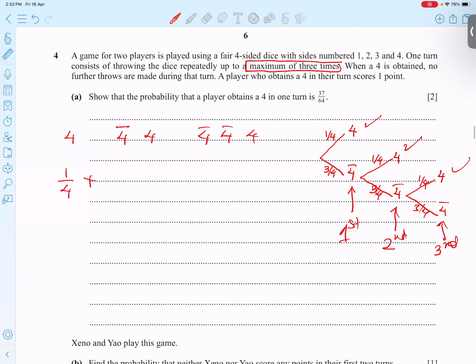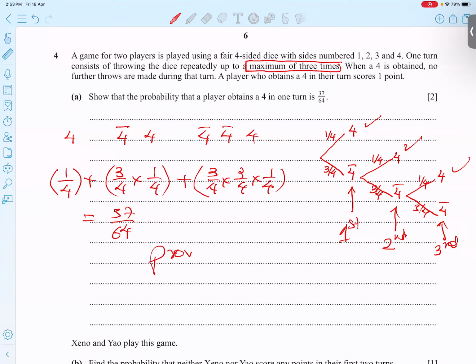So 1 out of 4, plus now not 4 and 4, so 3 out of 4 times 1 out of 4. And what about this? 3 over 4 times 3 over 4 times 1 over 4. Now I'm going to type it in the calculator. Let me check what answer it turns out to be: 37 over 64.